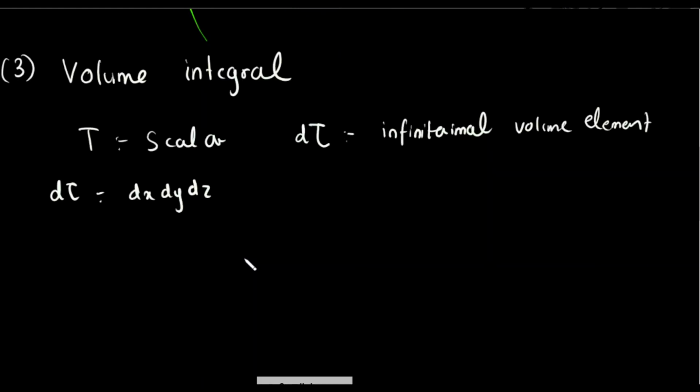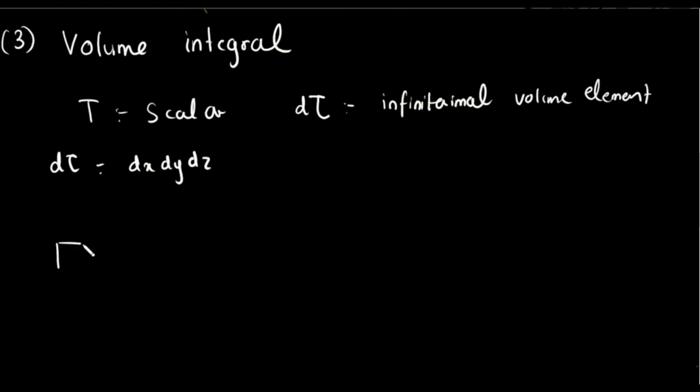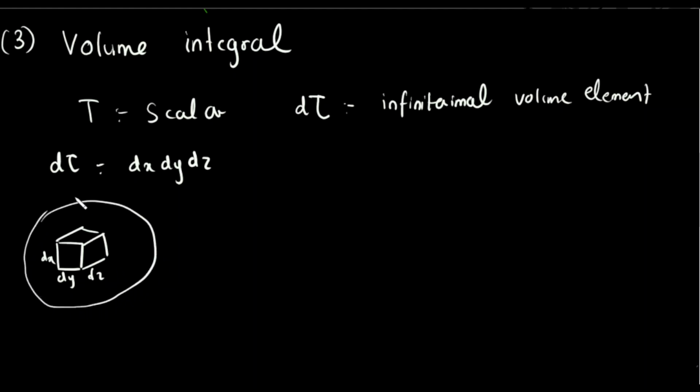So now I'm going to have this kind of box. You will have dx here, dy here, and dz here. So you will have this dx, dy, dz. Now you have to integrate 3 times to find the volume integral. Over the volume, you will have the t function here and d tau.